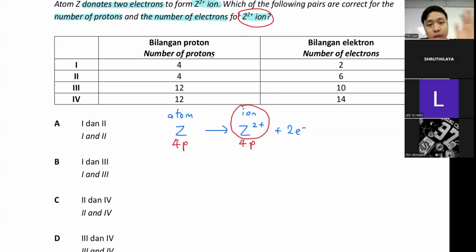Proton cannot change. Whether it's atom or ion, doesn't matter.